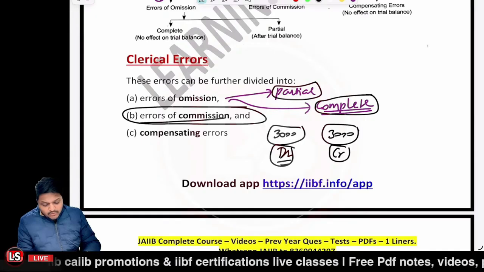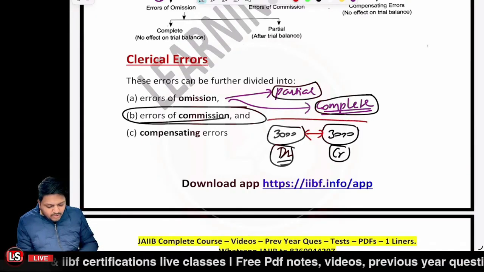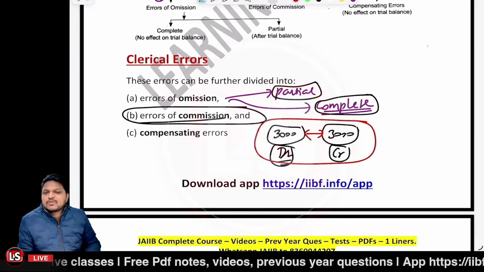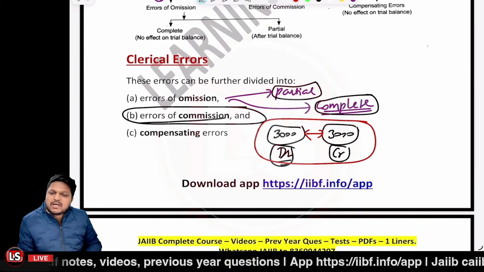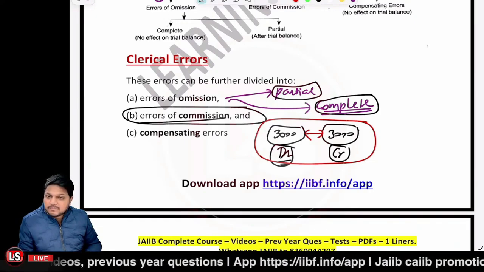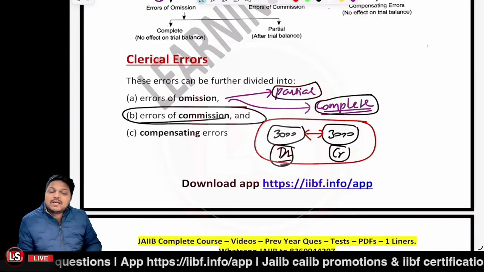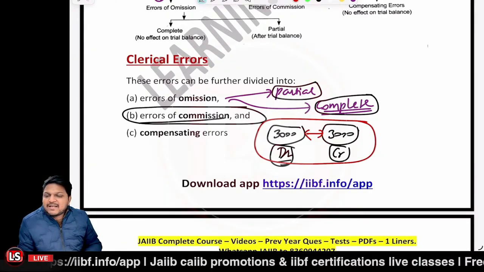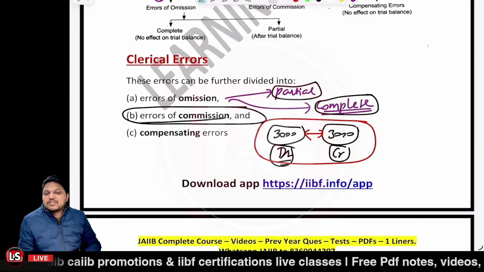In that scenario, one error compensated the other, and we won't be able to identify it in our trial balance. We'll see everything is good because the balances of the trial balance are matching and agreeing with each other, but in depth we are not able to match things because one error has compensated the other. We'll be discussing that particular example very shortly.